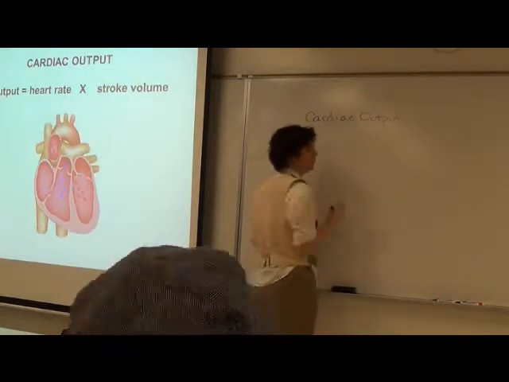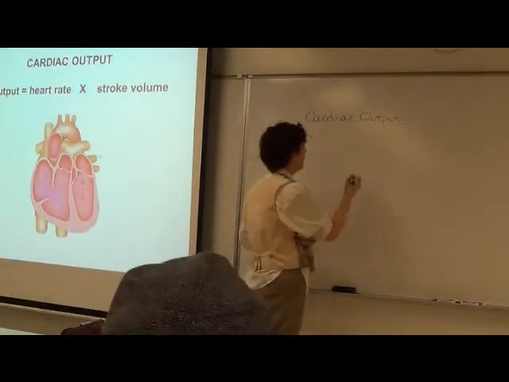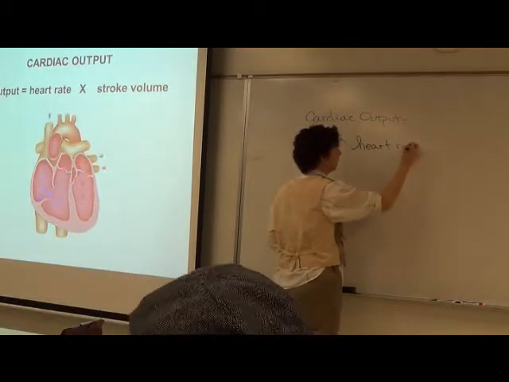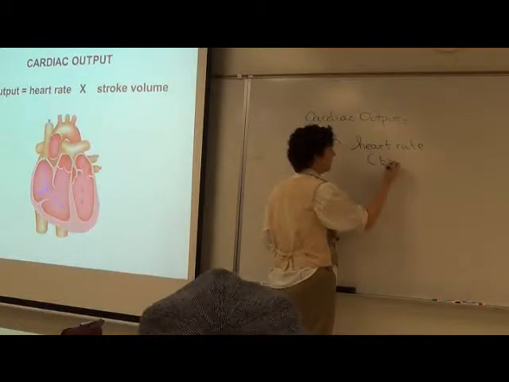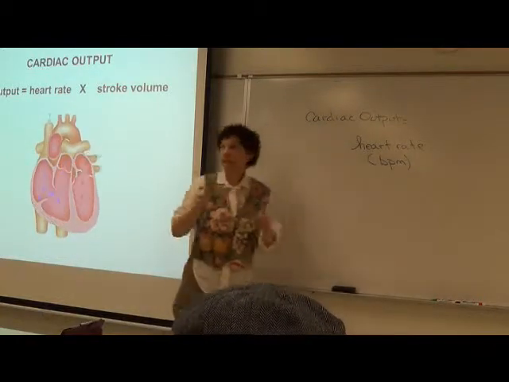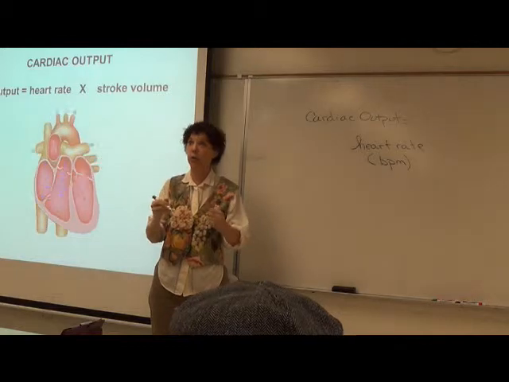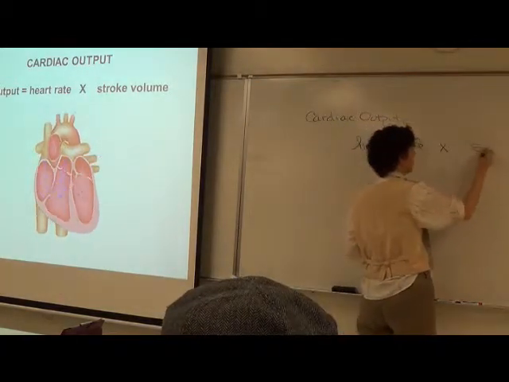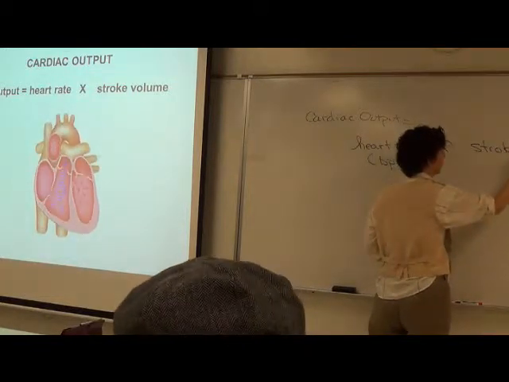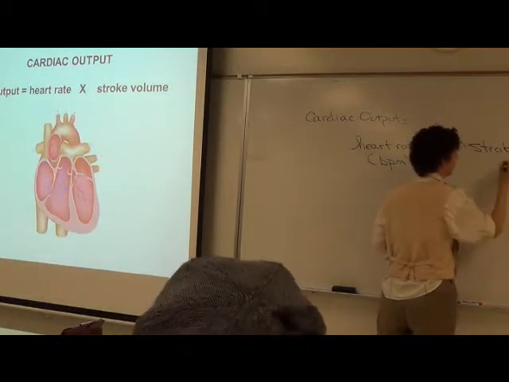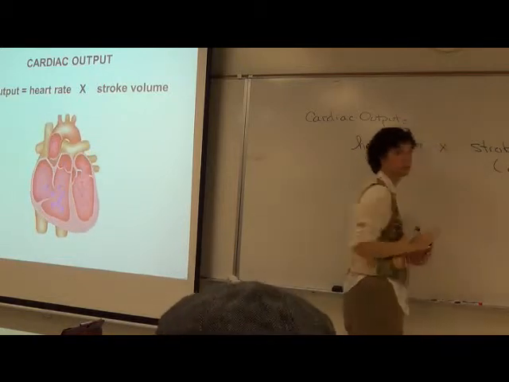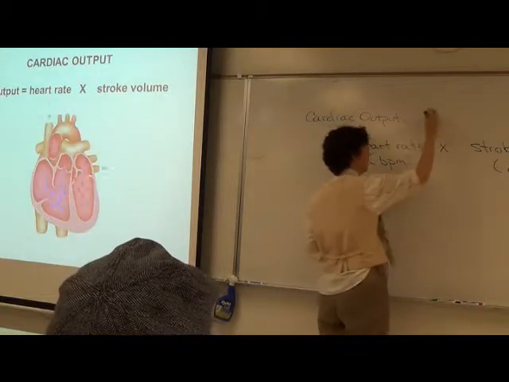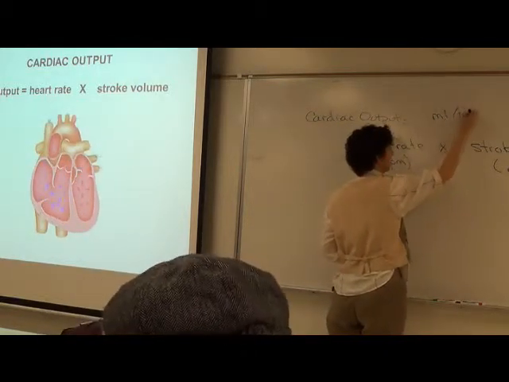So cardiac output, just to rewrite what's on the board, is equal to heart rate in beats per minute. And remember, beats are, like I just said, the same thing as strokes. All right. Times stroke volume, which is in mils. And so we get a total of mils per minute.